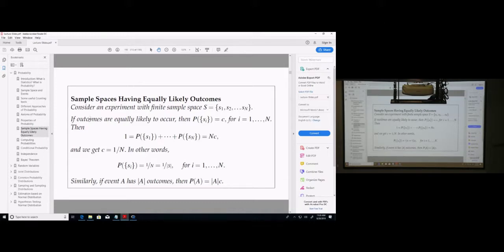Suppose the number of all possible outcomes is very large and you have no clue what this n is. One way that nowadays is done in simulation is the other way around. You define a certain event and then you use simulation to estimate the probability. But you have some way to count the elements of A. Okay, you have an estimation of the probability, and then you also have the count of the elements of A. So from the probability, you will be able to estimate back the n.